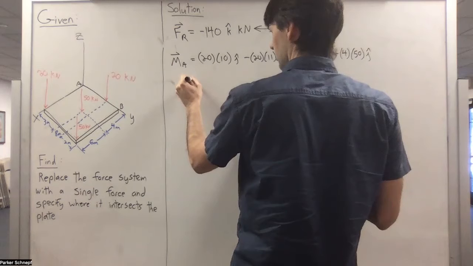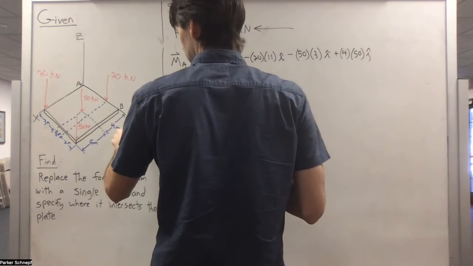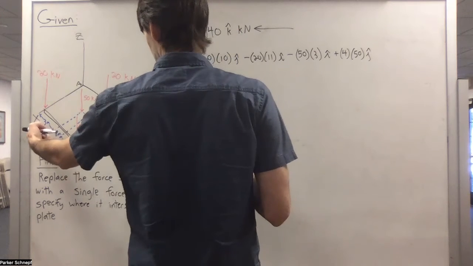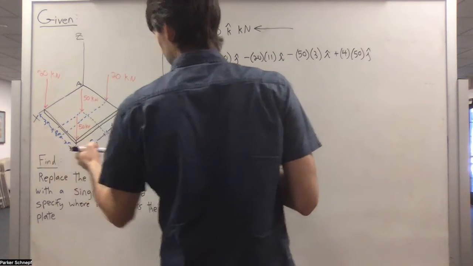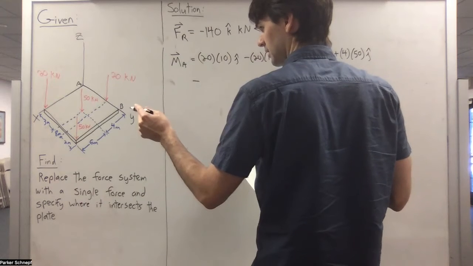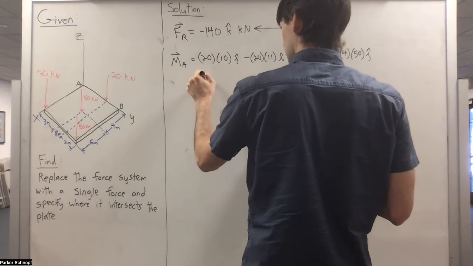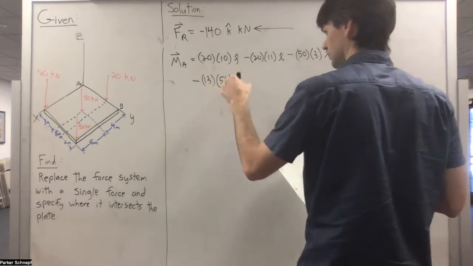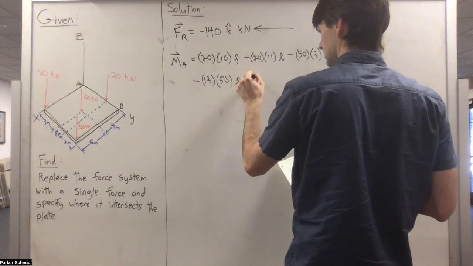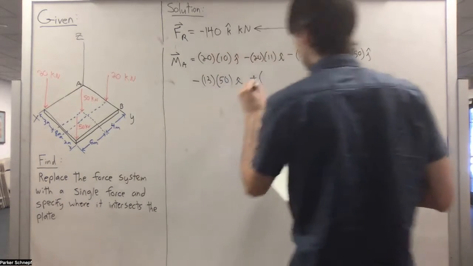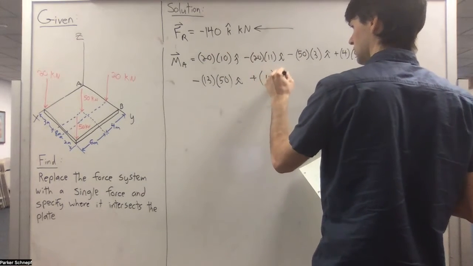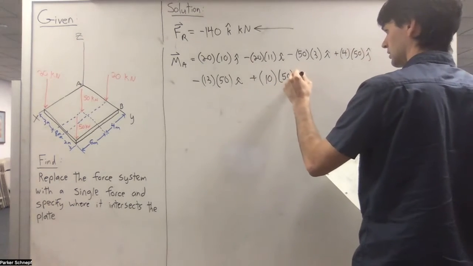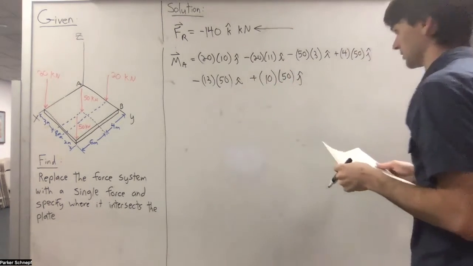So it's going to be minus the y distance, which is 13, times the force. So y distance, z force, is the moment in the x direction. And then we'll take the x distance, which is 10, and the force. So x distance, z force gives me a y answer.